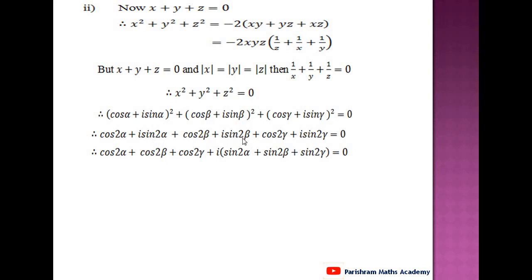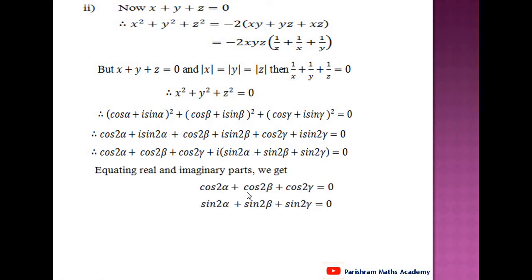Similarly here cos 2 beta plus i times sin 2 beta, and here cos 2 gamma plus i times sin 2 gamma. First you can take the real part, then you can take the imaginary parts by taking i as common. And then by equating the real and imaginary parts, we get cos 2 alpha plus cos 2 beta plus cos 2 gamma equal to 0, and sin 2 alpha plus sin 2 beta plus sin 2 gamma equal to 0. We get the required result.